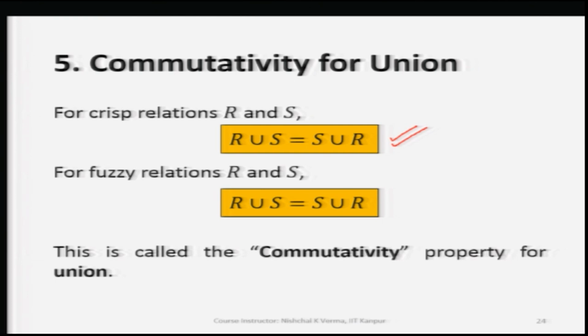Now, when it comes to fuzzy relations R and S, this is also commutative. If we have fuzzy relation set R and another fuzzy relation set S, we can write R union S equal to S union R. It means that the commutativity for union holds good for fuzzy relation sets R and S.